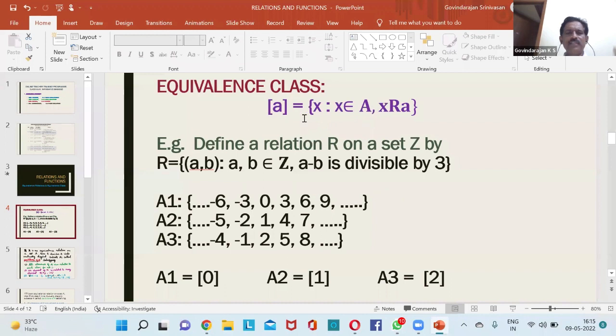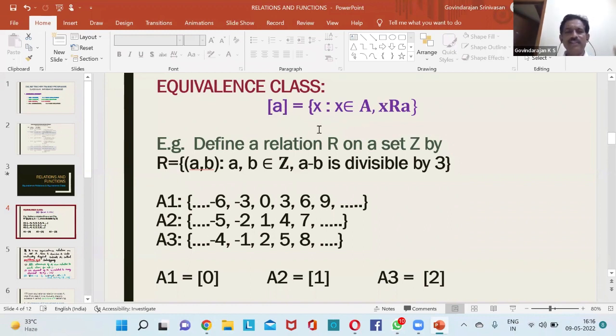The square bracket A is the equivalence class of the element A. The equivalence class of element A is the set of all elements X which belong to the set A and which are related to the element A. This subset of set A is called the equivalence class containing the element A, or the equivalence class of the element A.